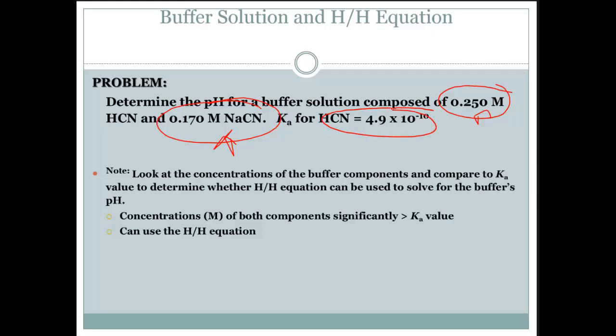Look at the concentrations of the buffer components and compare the Ka value to determine whether the Henderson-Hasselbalch equation can be used to solve for the buffer's pH. So let's look at the concentrations first. The Ka is times 10 to the negative 10. The concentrations are 0.25 and 0.17. Those are much bigger than the Ka. So therefore we can use the Henderson-Hasselbalch equation.